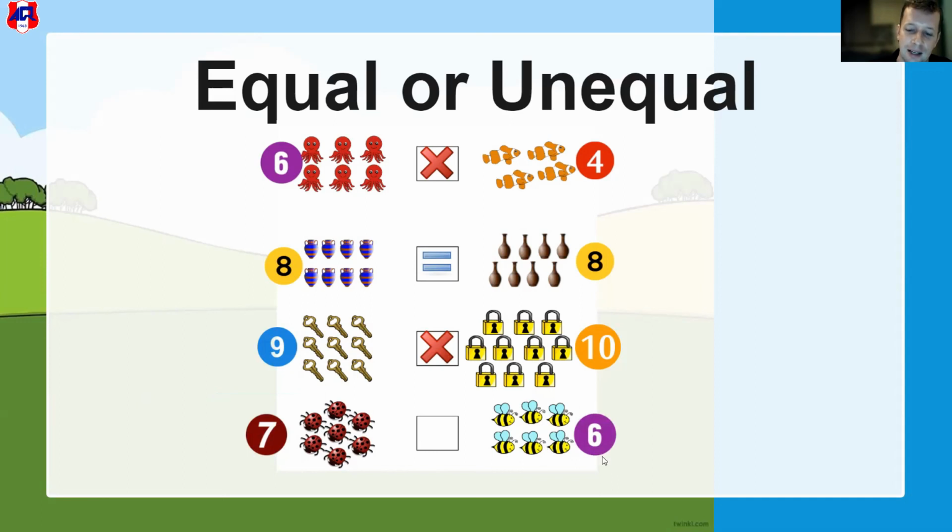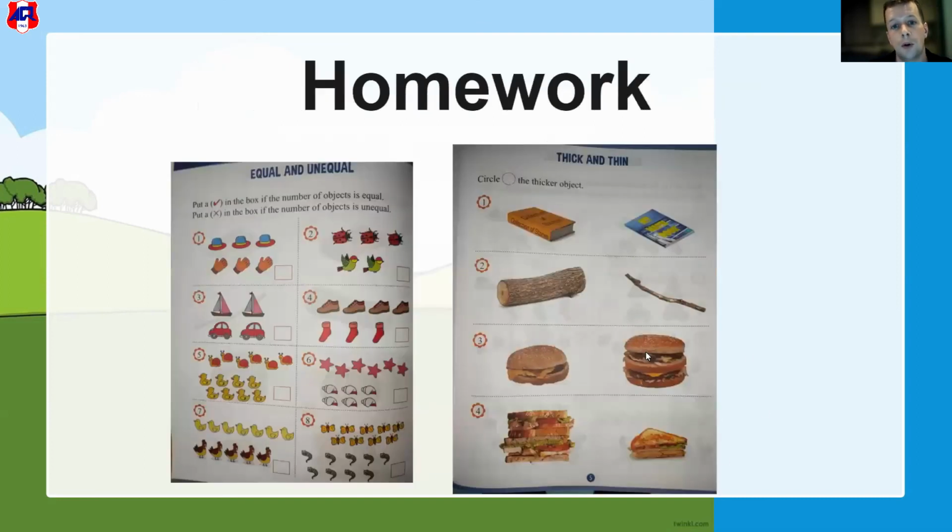And as you can see already, 6 bees. Okay, so 7 ladybugs and 6 bees. 7 and 6 are not the same. So unequal.